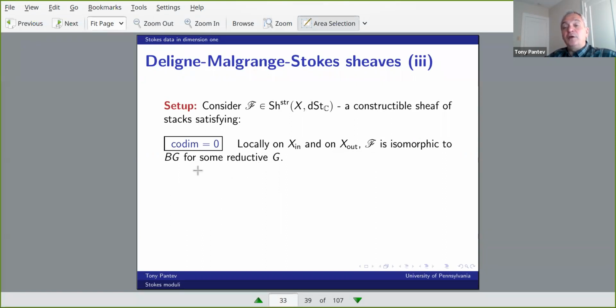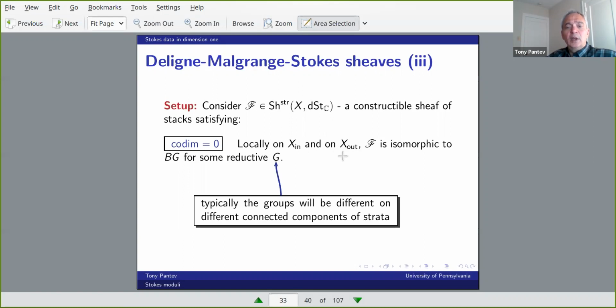On an open stratum, it's going to be a locally constant sheaf with fibers BG for some reductive group G. It's going to be a locally constant sheaf of BGs on the inner stratum and on the outer stratum. The groups will be different on different strata in general, and in particular on different connected components of strata. The only thing I'm requiring is that they're reductive, that it's BG for those groups, and that it's locally constant on each open stratum.